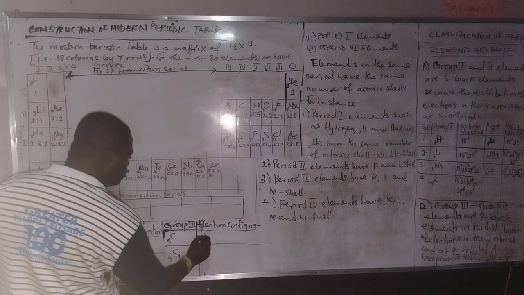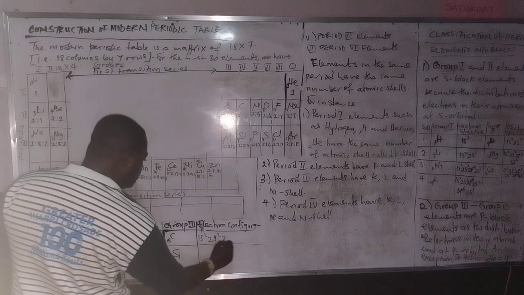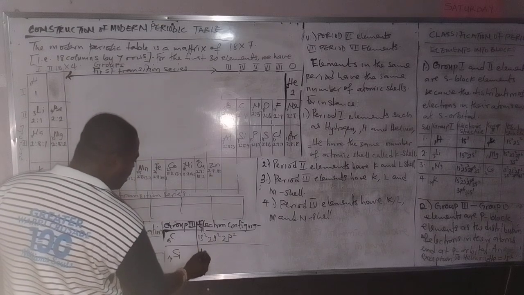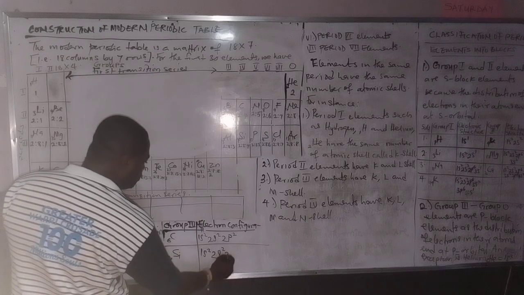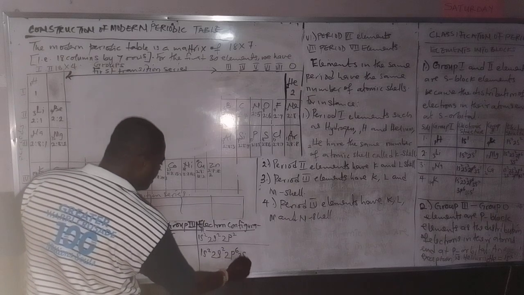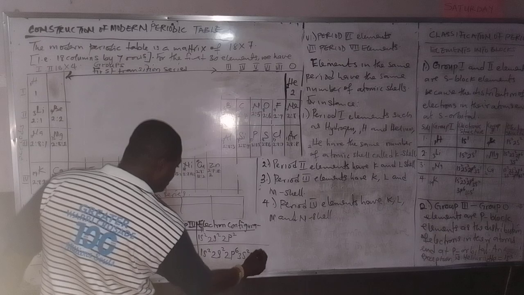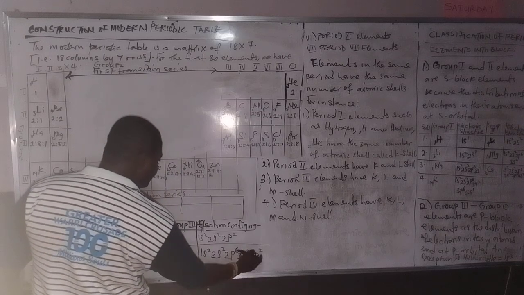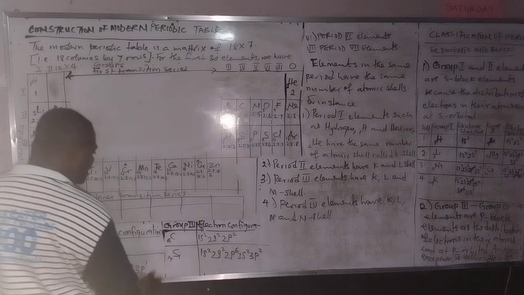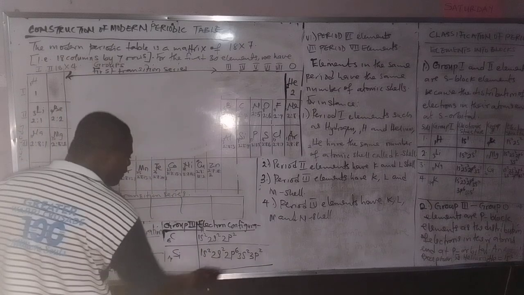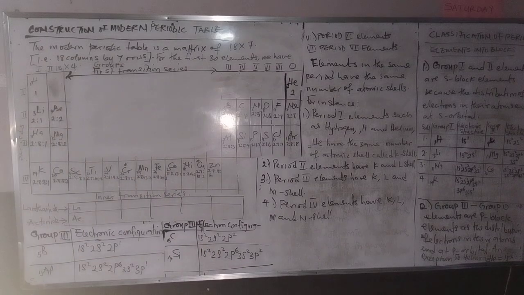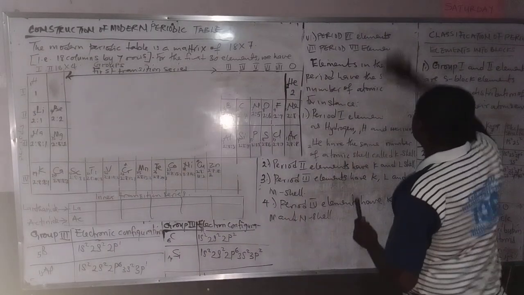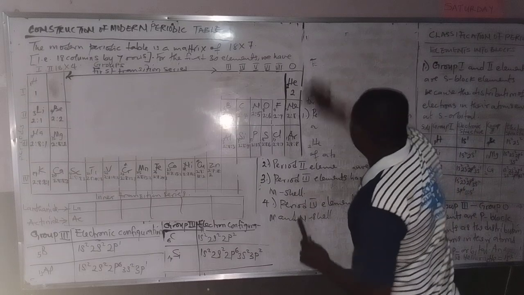So this is 1s2, 2s2, 2p2. Then here you have 1s2, 2s2, 2p6, 3s2, 3p2. So if you count everything now, you have 6, 7, 8, 9, 10, 11, 12, 13, 14. Then that's that. So the distribution of electrons ends in what? In 3p. So that makes it a p block element.